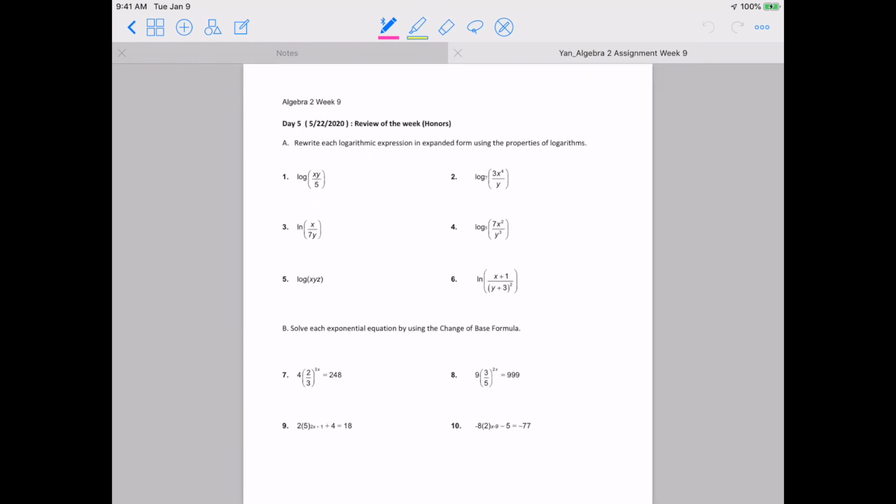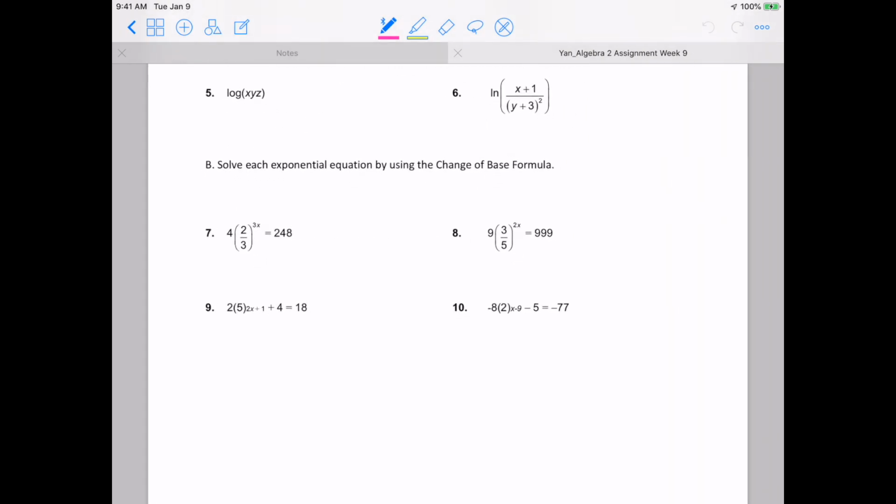Honors, you have 1 page to do. The first part is very similar to day 2, and the last part is similar to my question right here. But I would say the last 2 questions, it looks too weird. Let me rewrite it. It should look like this: negative 8 times 2 to the x minus 9, minus 5 equals negative 77.